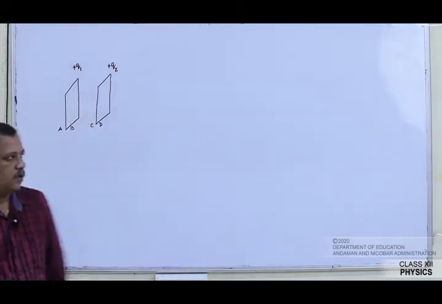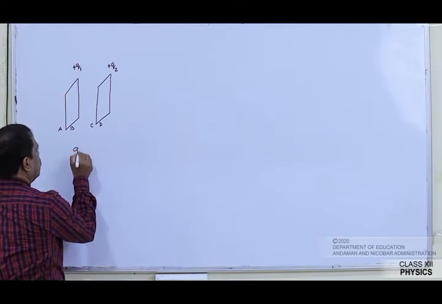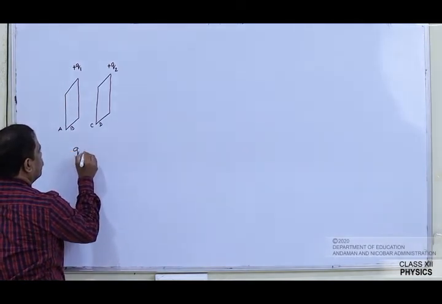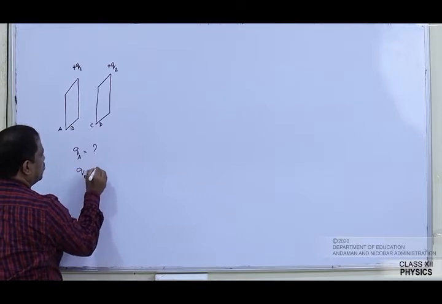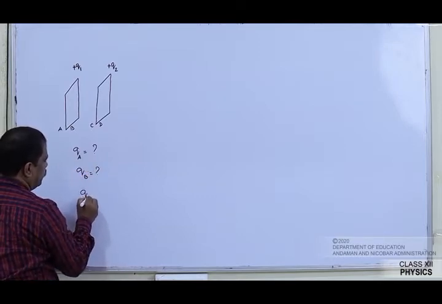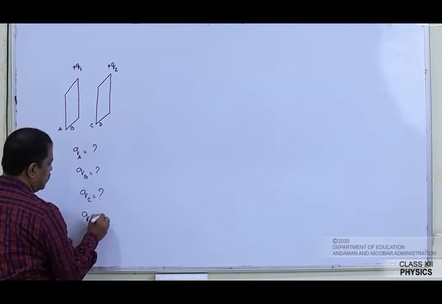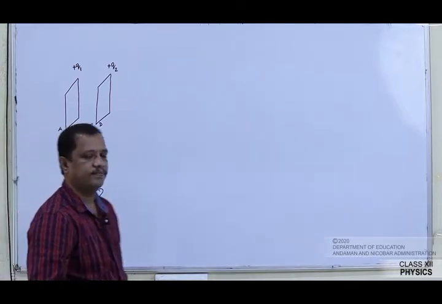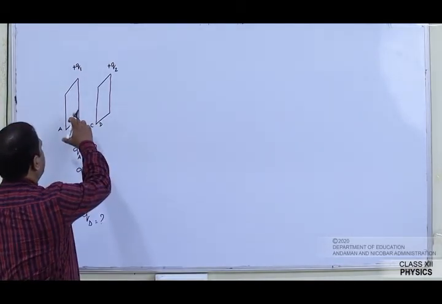The question is, we have to find what is the charge on face A, what is the charge on face B, what is the charge on face C, what is the charge on face D. This is what we need to find. To calculate, this is a conducting plane.